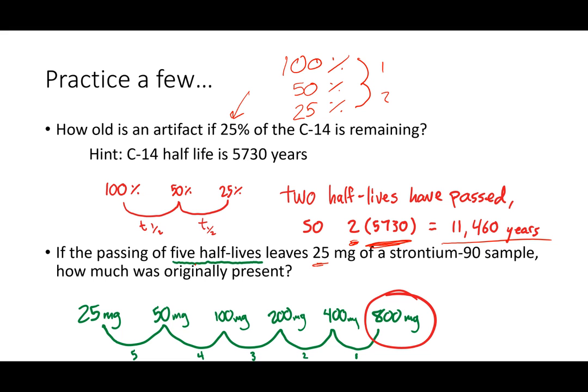So we're going to take this number as our starting, and we're just going to double it. We're going to double it 5 times. Once, twice, 3 times, 4 times, and 5 times. And after those 5 half-lives, you can see that you originally would have started with 800 milligrams.